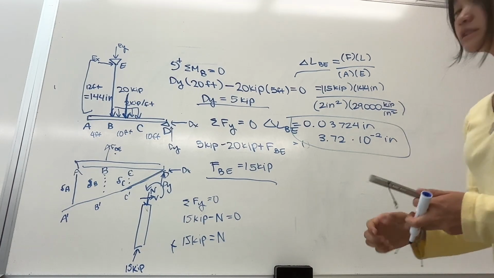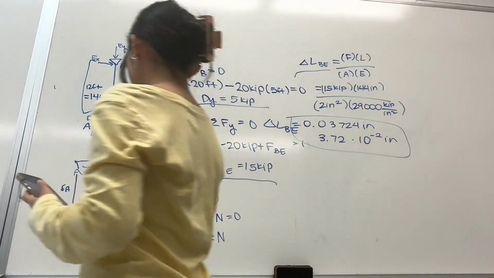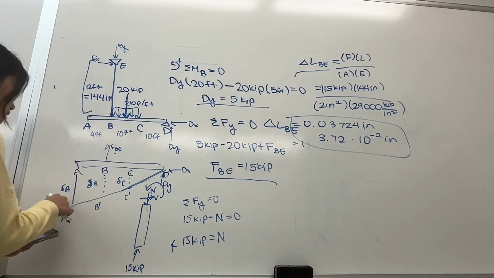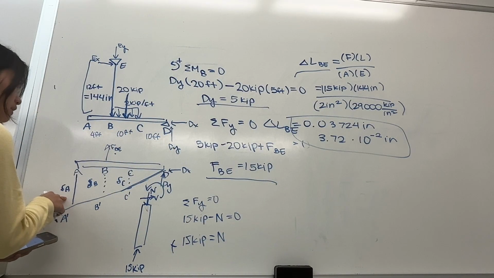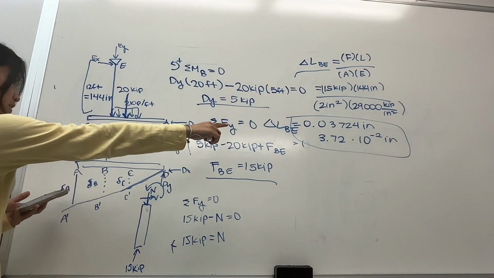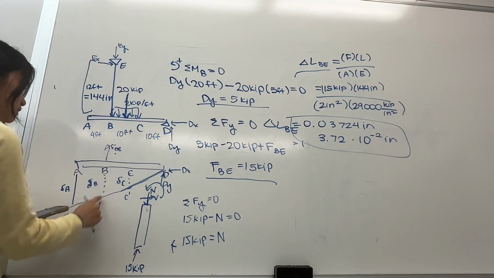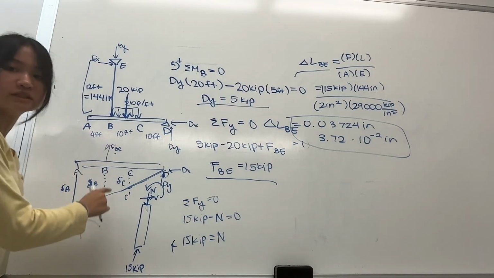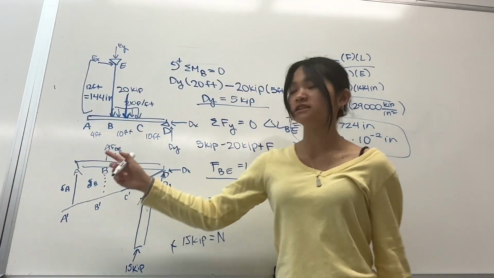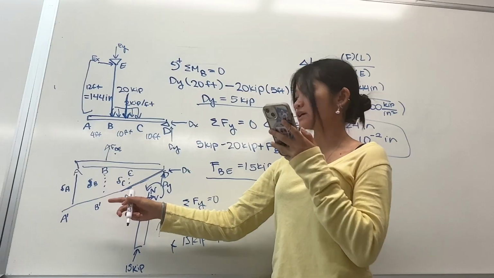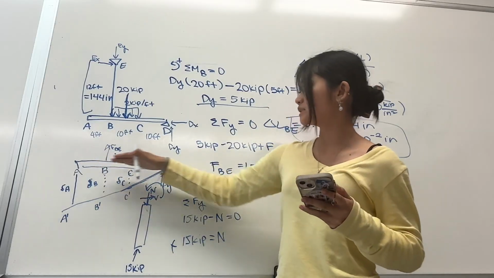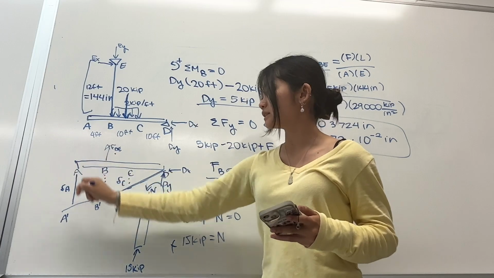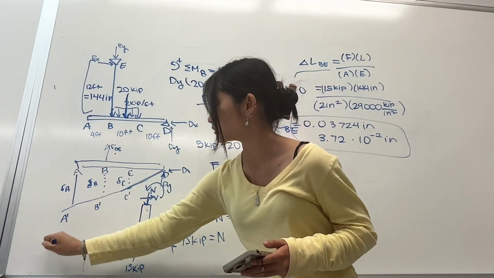Okay, yeah, so for that, we can use the triangle method. So this is the displacement at A, and then right there is the displacement of B, right here. So this length is 0.03724 inches, right? And we have this entire length right here.